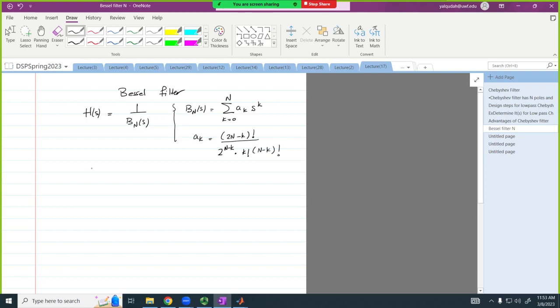Now this Bessel function, the main advantage of the Bessel filter, it has linear phase in the pass band.